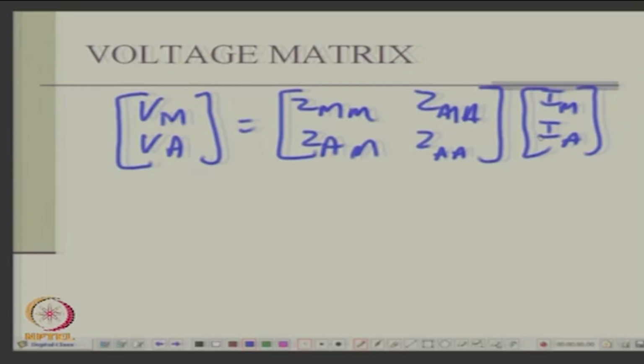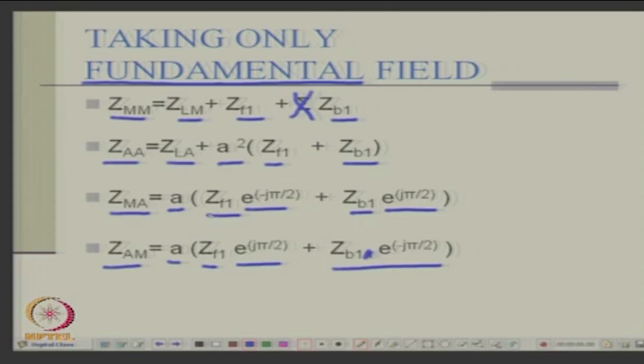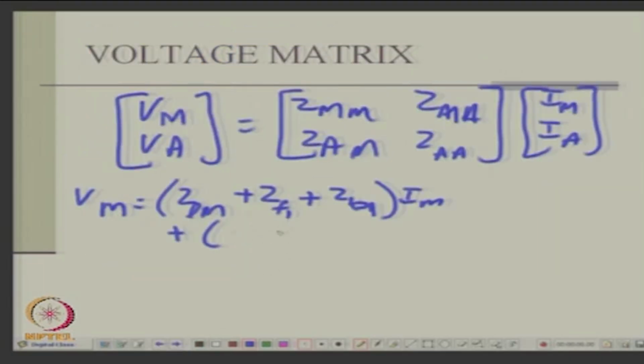So, if you substitute now, VM will be ZLM plus ZF1 plus ZB1 into IM, plus ZMA, which we know, where e to the power of minus j pi by 2 is minus j, so this will be minus jA ZF1 plus jA ZB1 into IA.